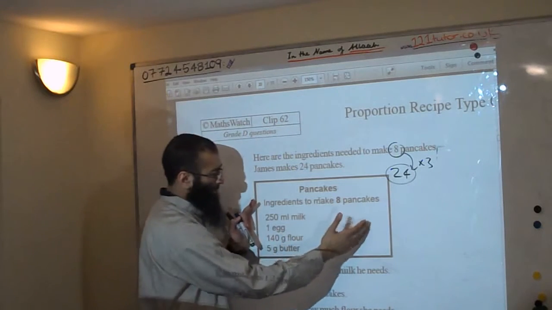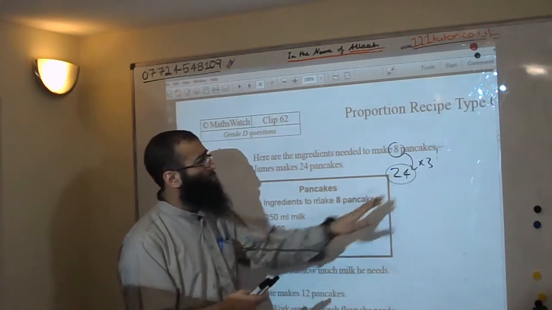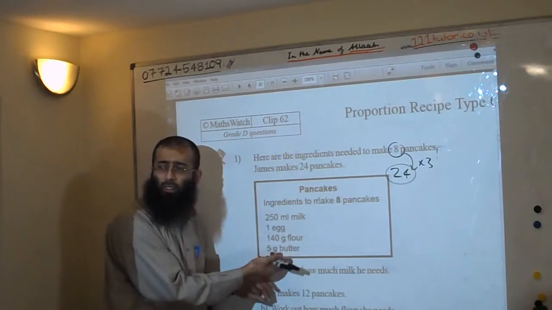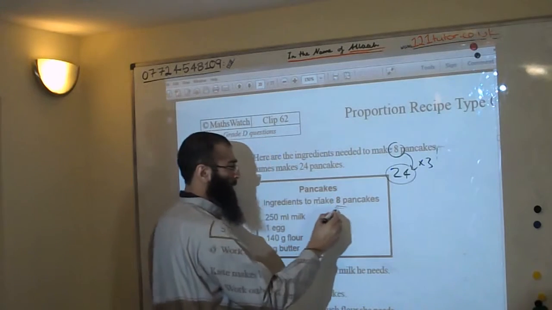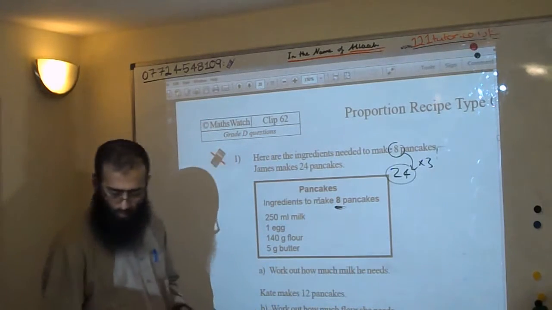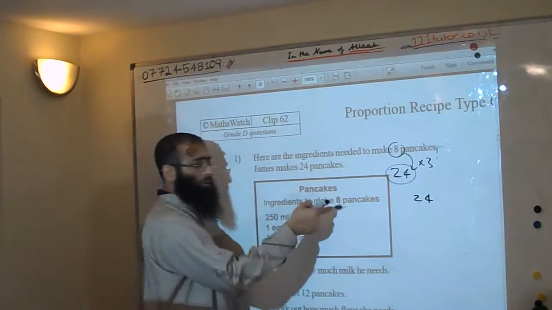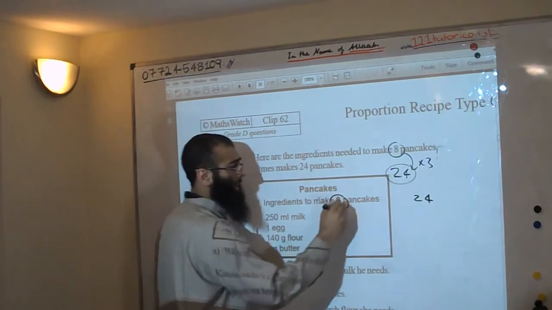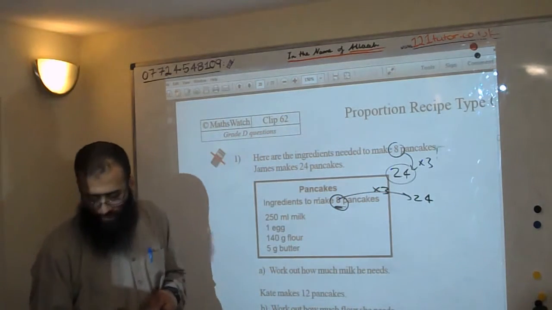So if this is the ingredients for 8 pancakes and you want to make triple the number of pancakes, then you have to use triple the number of ingredients. So this is for 8, and we now need to make 24. So to get from 8 to 24, we times by 3.